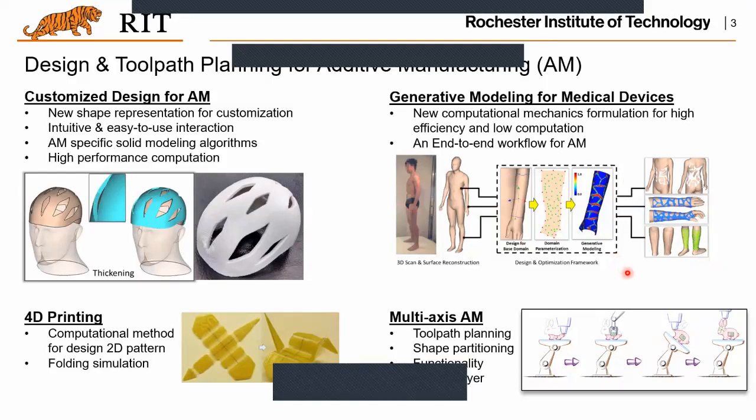Basically, the generative optimization framework I developed can take the requirement for the force bearing and generate those hollowed patterns for you. So that's the idea of generative modeling. And as you can see here, it shows some examples coming from my algorithm.